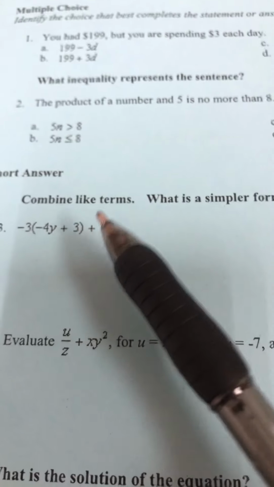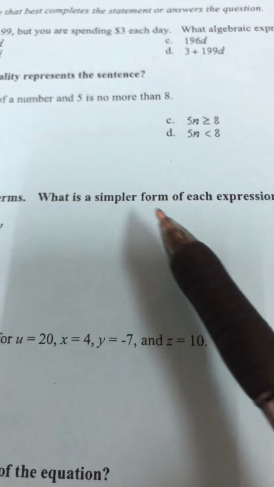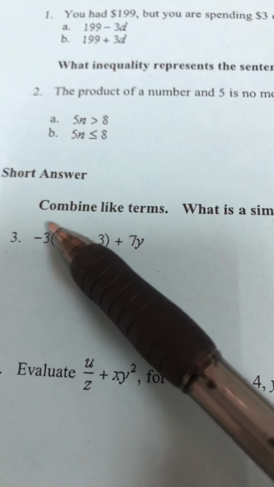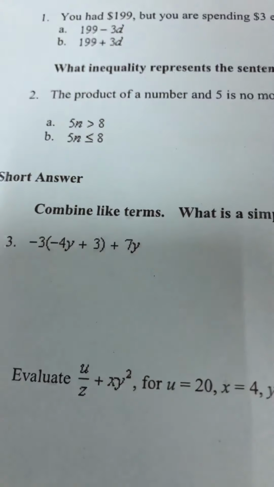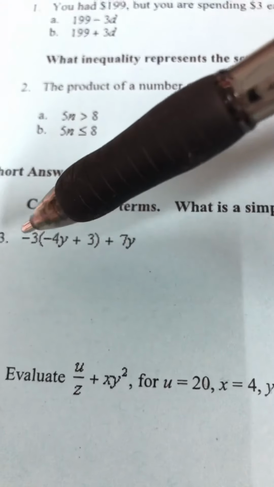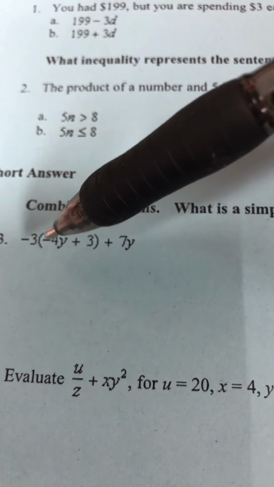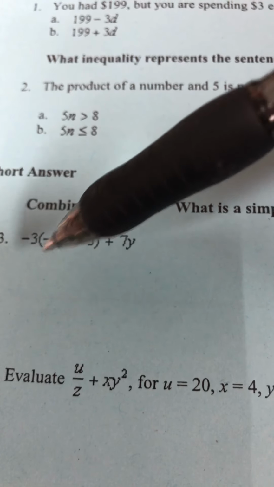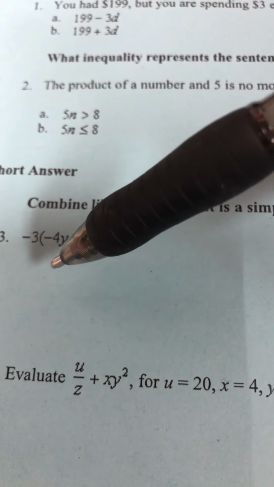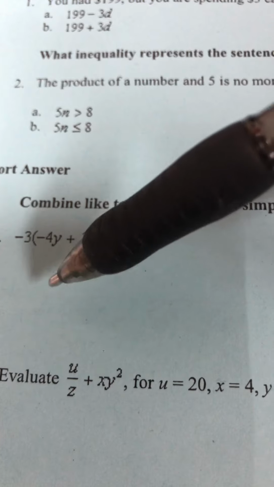Short answers. Combine like terms. What is a simpler form of each expression? So here you have to do the distributive property. I'm going to take -3 times -4. That's going to give you a positive number, y.